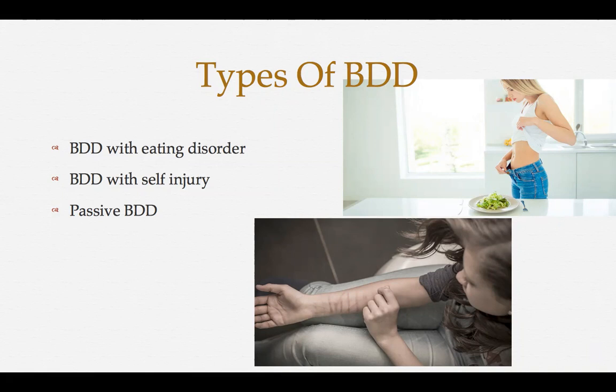Now let us see what is BDD with eating disorder. Here, the person tries to control their appearance or look by losing weight, because of which the person tends to end up having either anorexia nervosa or bulimia nervosa.